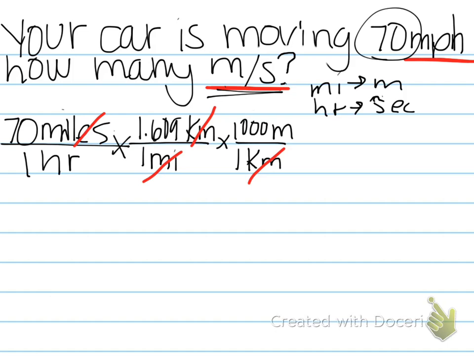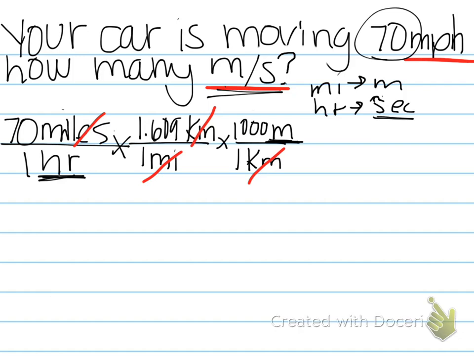So if I were to stop right now and calculate this, my unit of rate would be meters per hour. So see how you read the units, meters per hour, because I haven't done anything with the hours yet. But we want to be in meters per second, so now we have to convert hours into seconds.